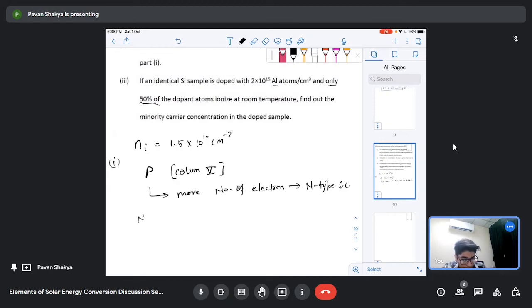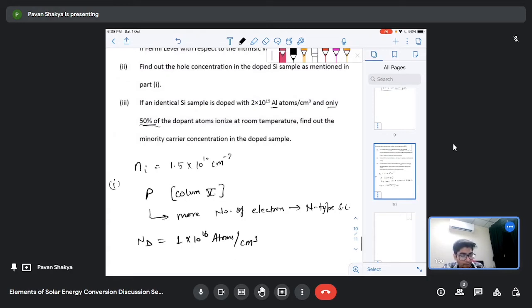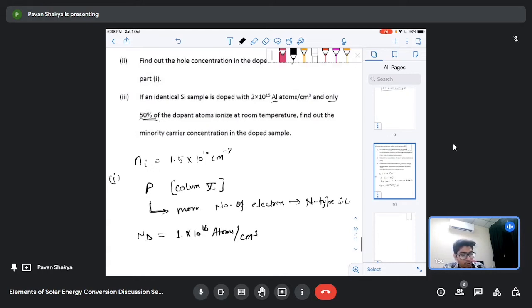So this donor concentration is given as 1 into 10 to the power 16 atoms per centimeter cube, and as I have discussed, phosphorus belongs to column 5, and because of this doping of phosphorus, there will be more number of electrons.